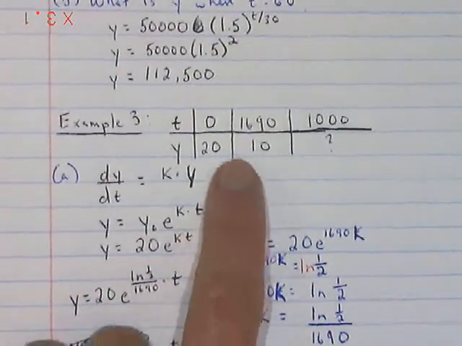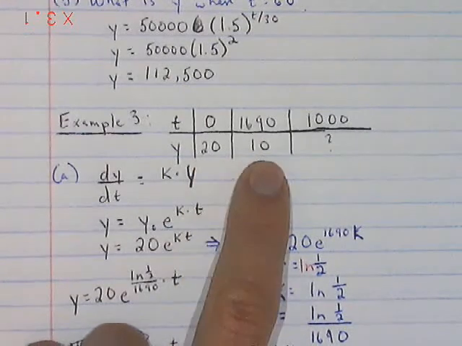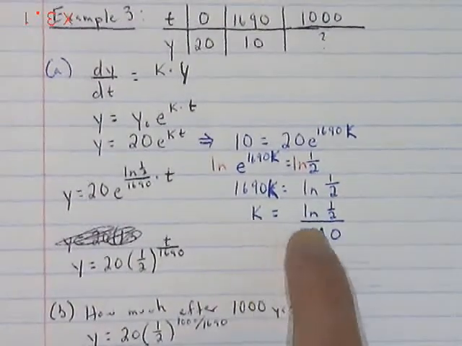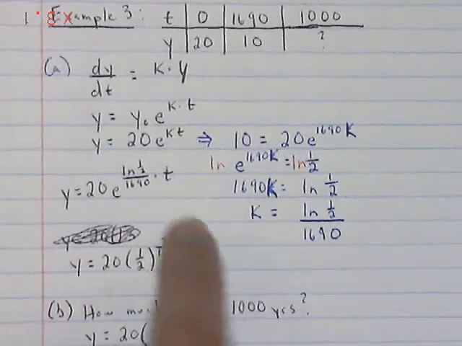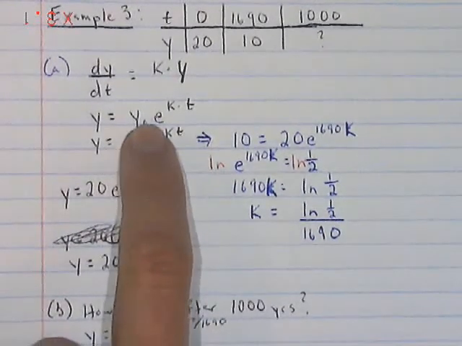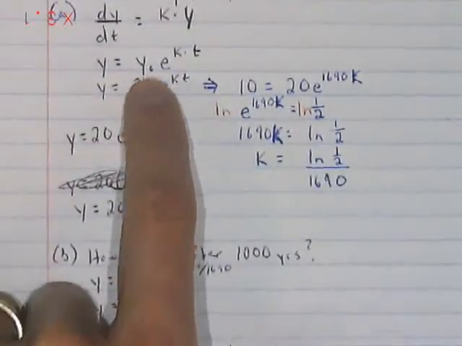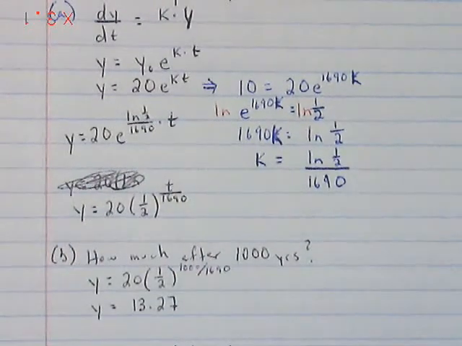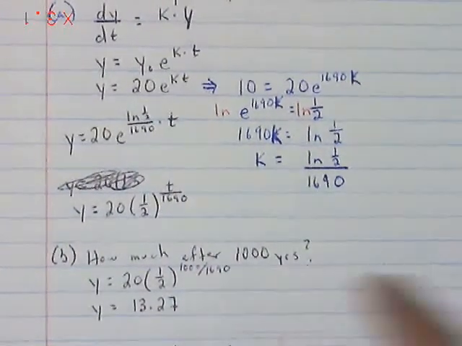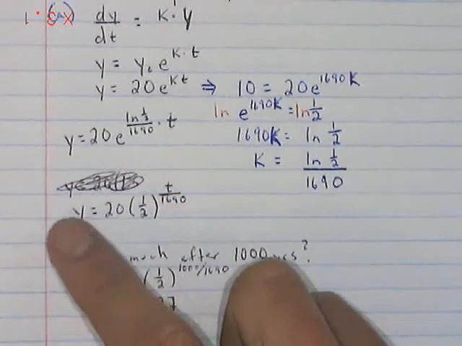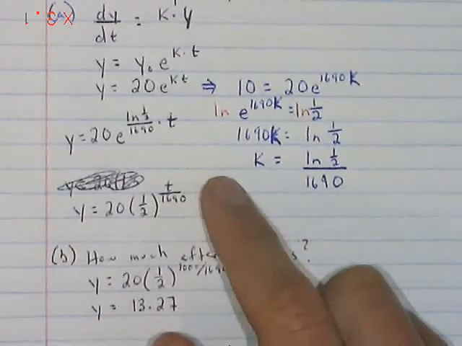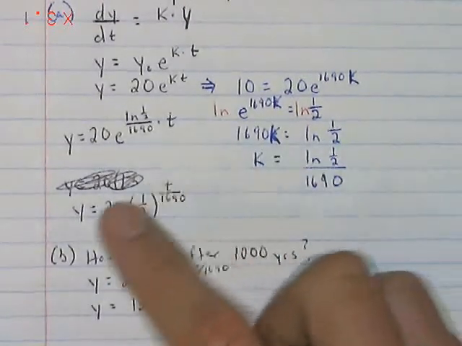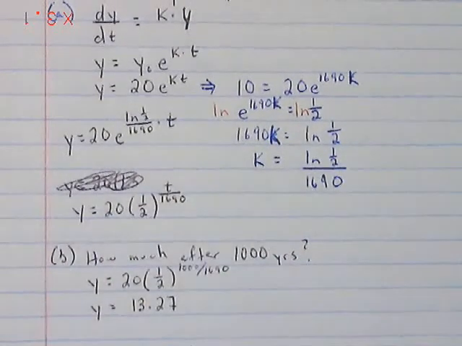And so long as we have two initial conditions, we can solve for what that constant of proportionality is, sub it back into this function here, and then usually make it look a little prettier with some algebra, and then solve for whatever they happen to be asking us, whether it's for a quantity or for a time to get to a specific quantity. Once we have this function, it's algebra 2 stuff.